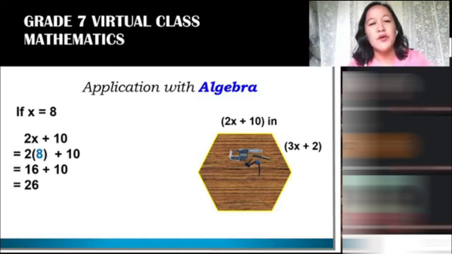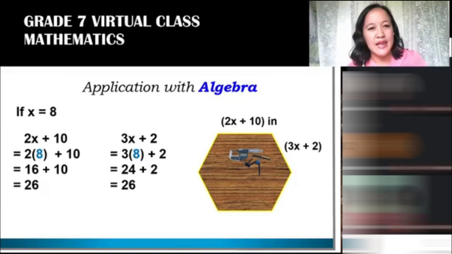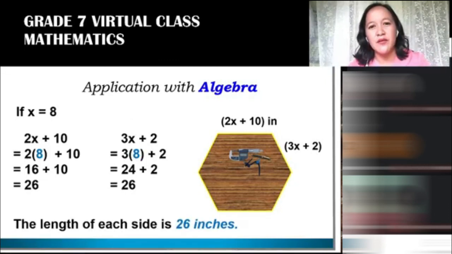Is it yes or no? Yes. Okay, yes. So, therefore, kung 26 ito, if we're going to substitute 8 to the other expression, we will also arrive with 26 as the answer. Okay? So, naunawaan ba yung ating simple application with algebra? Okay. Now, therefore, the length of each side is 26 inches.